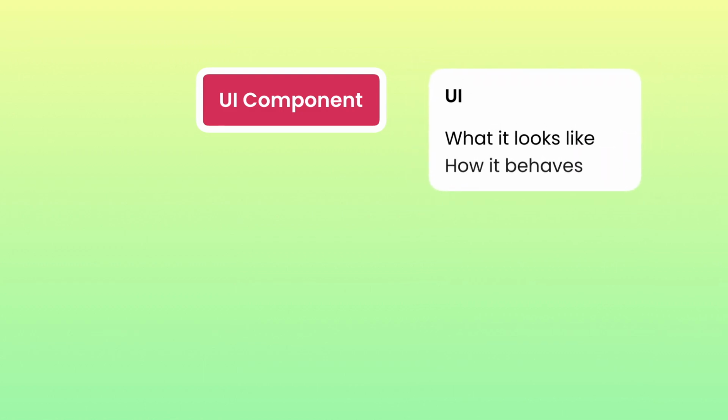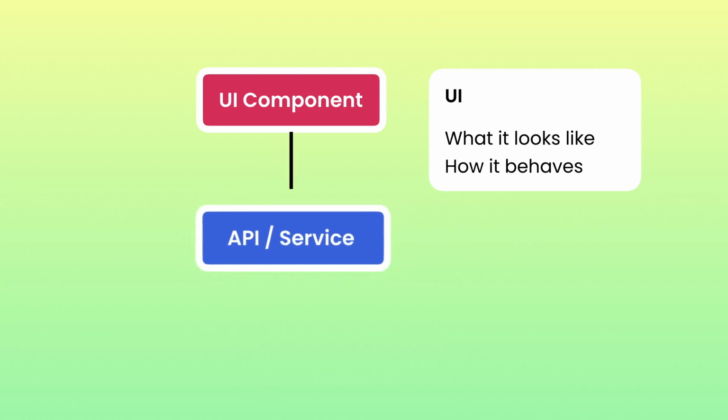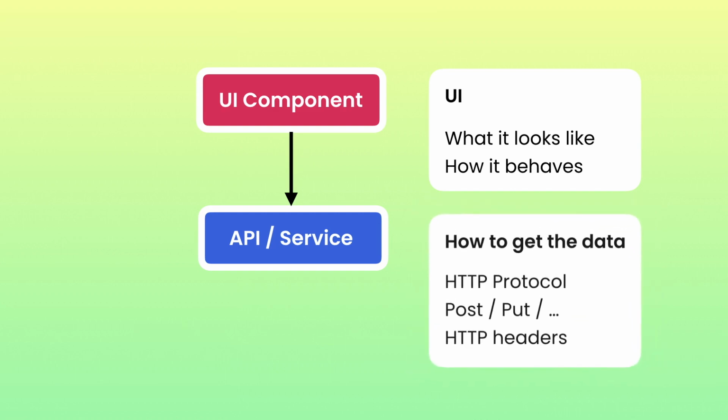Our components should have a single responsibility, and that is the UI. What the UI looks like and how it behaves when the user interacts with it. How the data comes is not the responsibility of a React component. A React component should talk to another object and say, hey, give me the listings, or save this listing. How that happens under the hood should be hidden from a UI component.